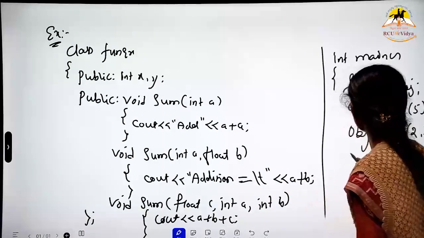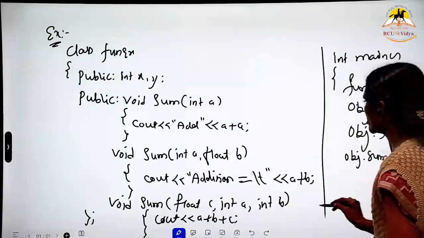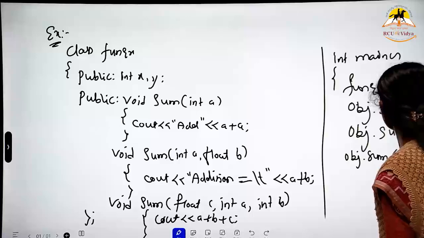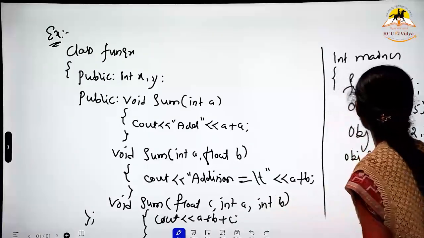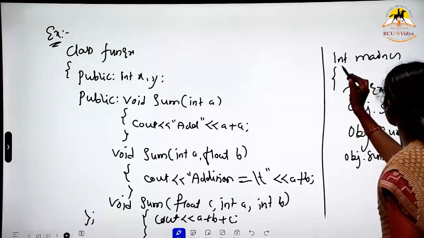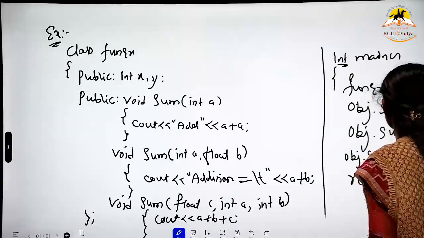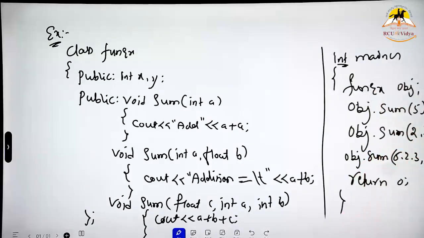Then how to call the three-argument version? Object dot sum of float 5.23, comma 3, comma 6. So this is the program of function overloading.